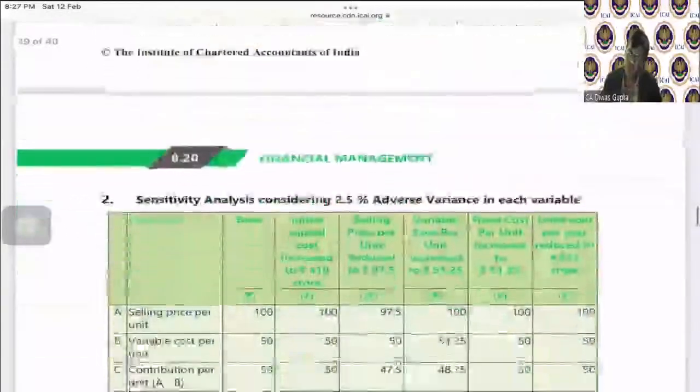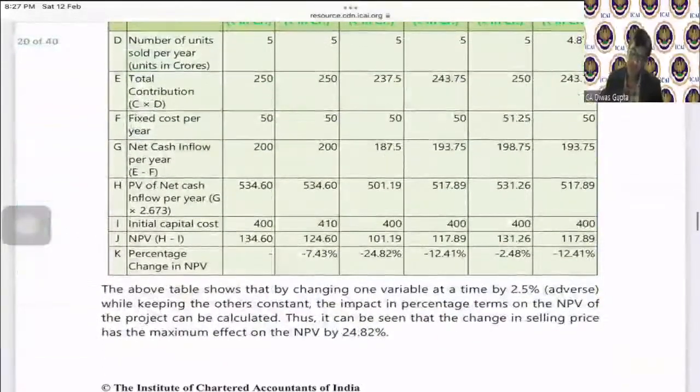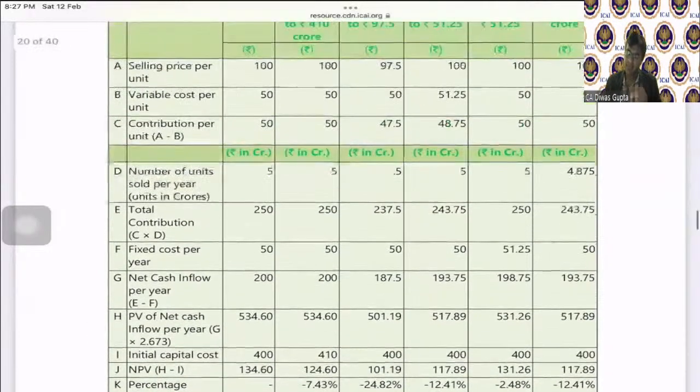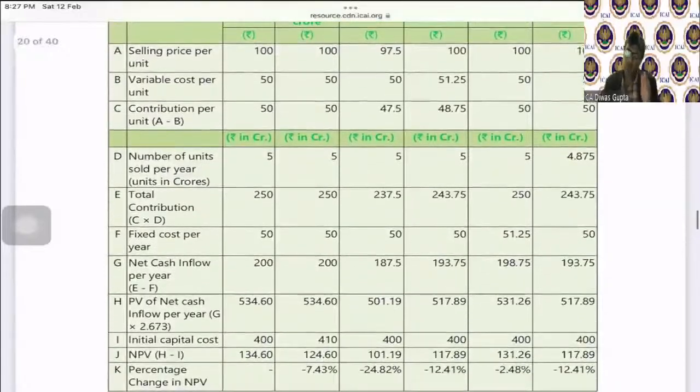So for 3 years, if you do the 6% discounting, the present value factor comes as 2.673. Because in the above step, they have calculated the yearly cash flows, but to calculate the present value, they have taken the sum of 2.673.